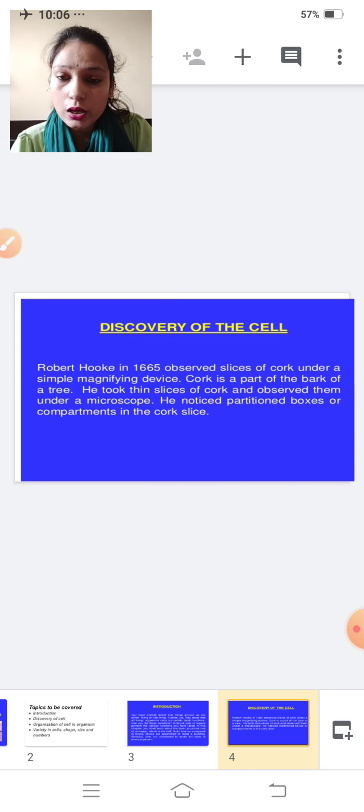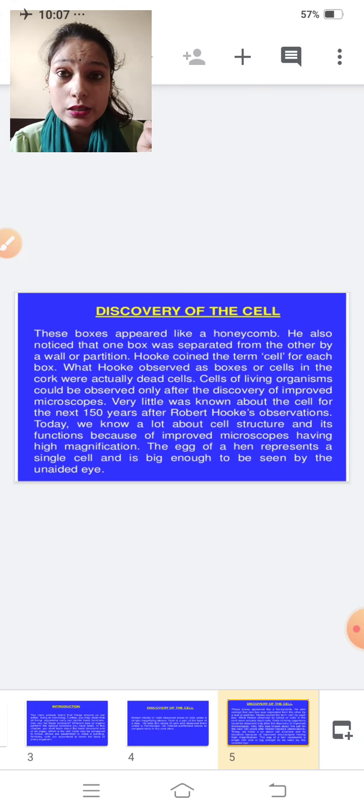He took a thin slice of cork and observed it under a microscope. He noticed boxes or compartments in the cork slice, some small blocks. These boxes appeared like a honeycomb, like the hive of honeybees.